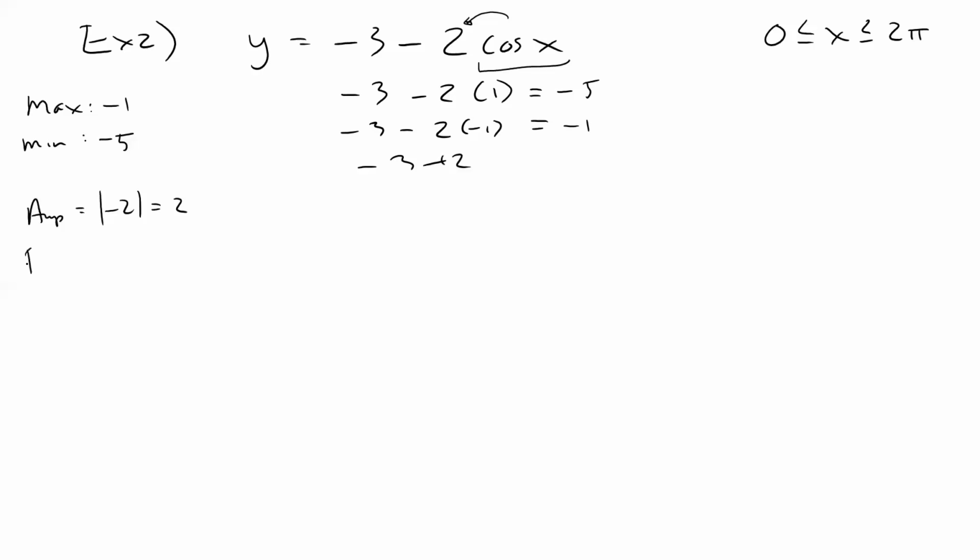And then amplitude and period are the ones that come in first, because we want to graph that particular one all at one shot. Period is 2 pi divided by 1 still, right? Because it's a little 1 right here that's multiplying the x.